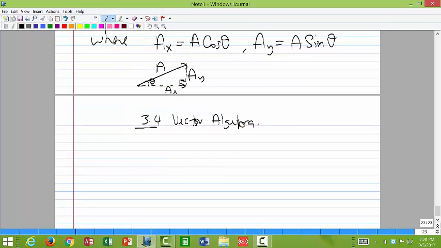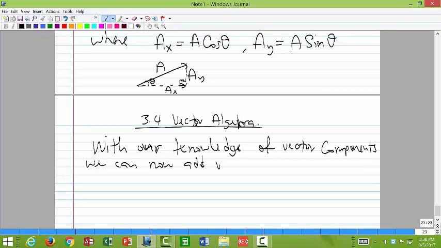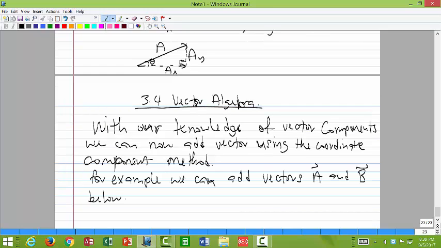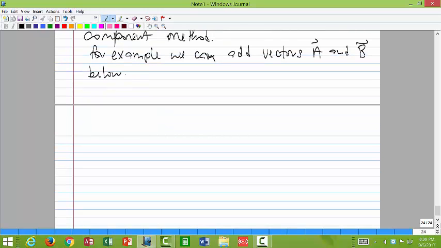With our knowledge of the components of vectors, we can now add vectors using the coordinate components method. For example, let's add the two vectors A and B below. Let's say that we have a coordinate system like that, and we have the vector A, and we want to add it to another vector, and this vector is at a certain angle theta.